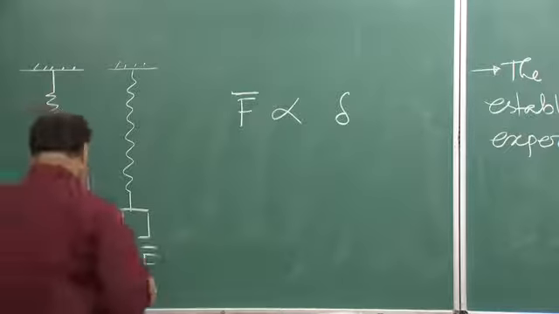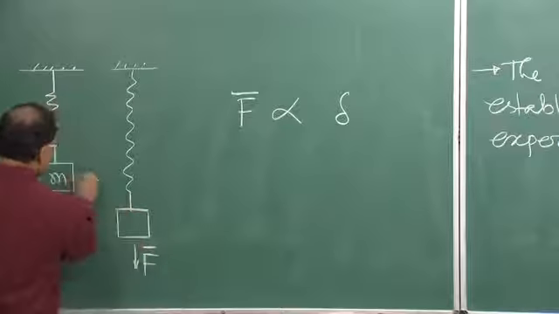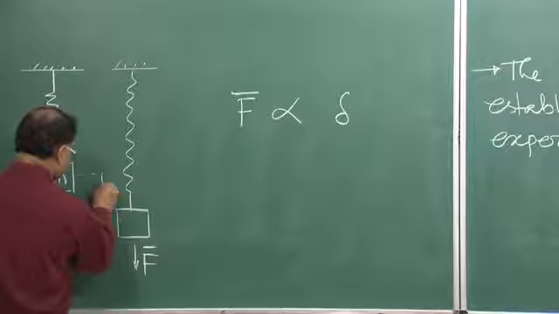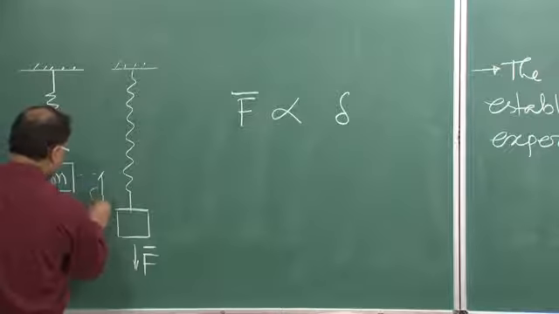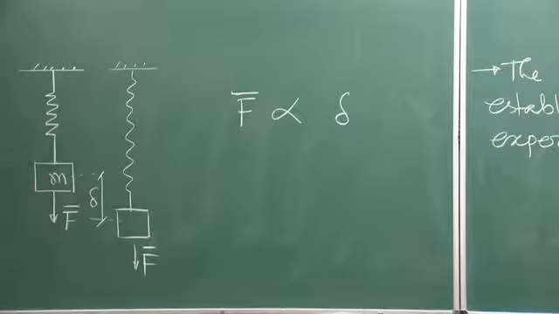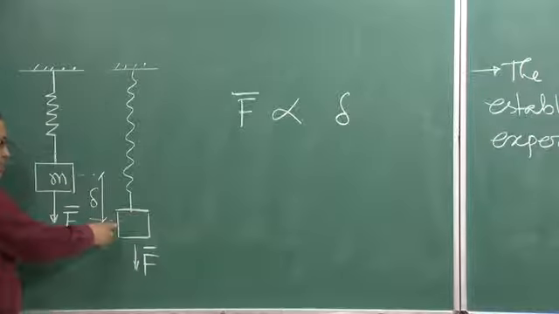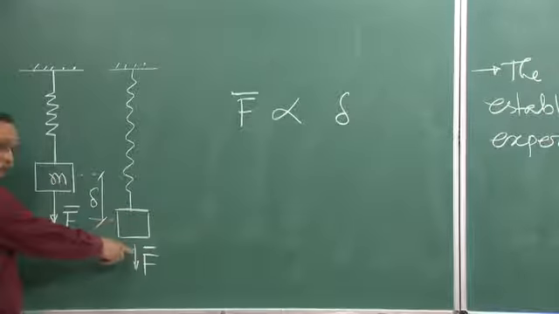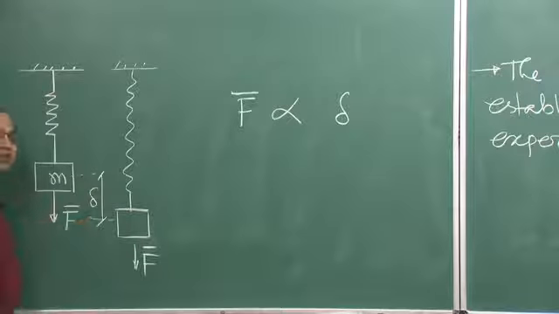So this is nothing but your deformation. This much is your deformation, okay. Originally it was here, now it has gone up to this position for the application of load F. Now F is directly proportional to delta.